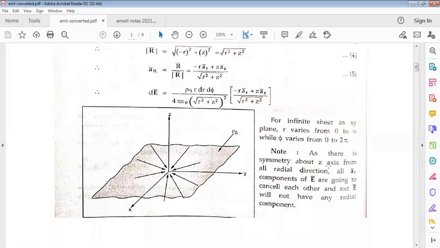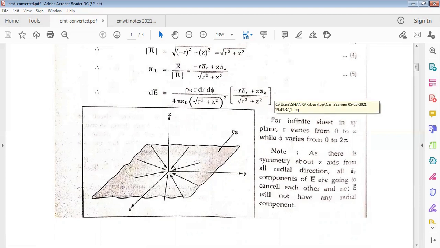As there is symmetry about the Z axis, from all radial directions all AR bar components of E bar are going to cancel, because we are assuming a small differential surface area in the R direction. So R has positive and negative contributions, both the same, and they get cancelled. Eliminating the R component, only the Z into AZ bar remains.